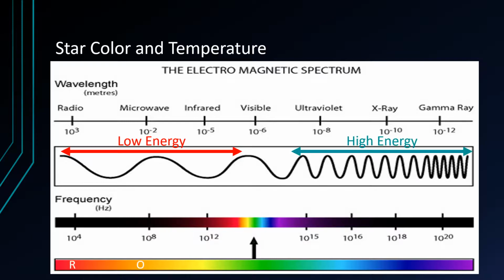Over here on the blue end, it's going to be higher temperatures. And so stars that are red, orange, yellow, there are no green stars, sadly to say, at least none that we found so far, those are going to be relatively cool stars, whereas blue, indigo, violet are going to be much hotter stars.